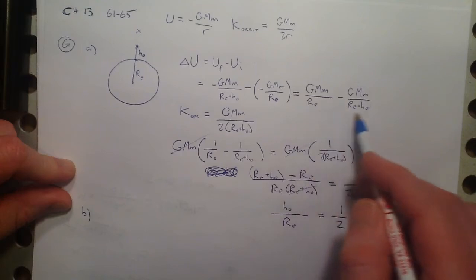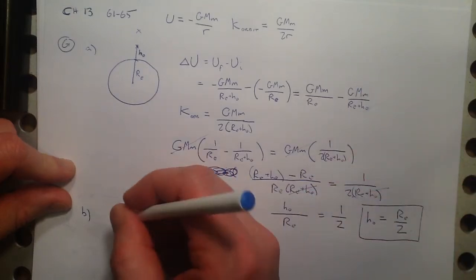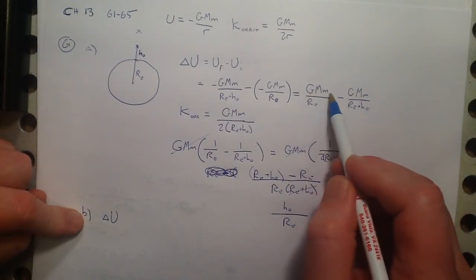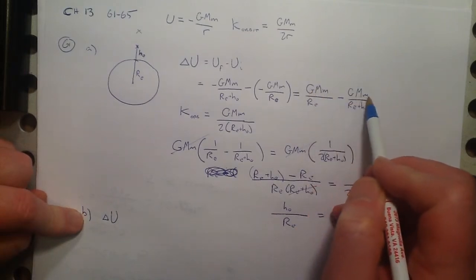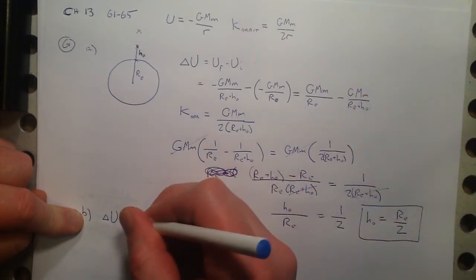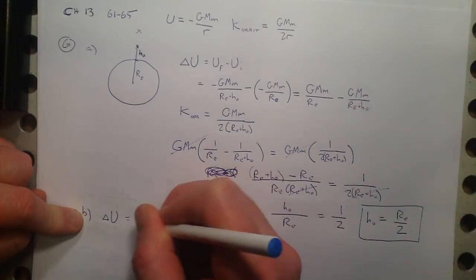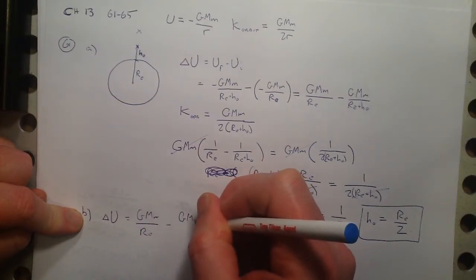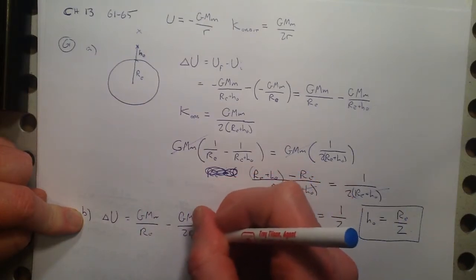Then delta U would become GMm over R E minus GMm over 2 R E, right?